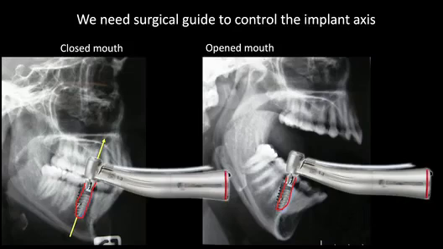We said at the start that the element that we can modify, change, is the direction of the implant. We cannot create a periodontal ligament. So pay very good attention to the implant axis. The direction of the force is like the position of the natural teeth.